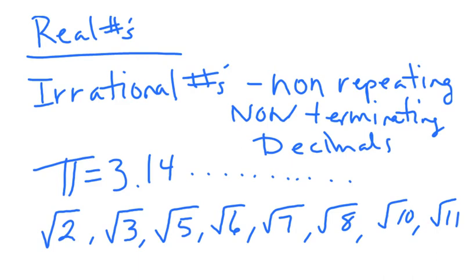All of the square roots except the ones that are perfect squares, because they have integer answers, are all irrational. All of these are irrational. That's all there is in irrational. Pi and those square roots. Now, let's see if we can look at some actual numbers and decide which category they go in.